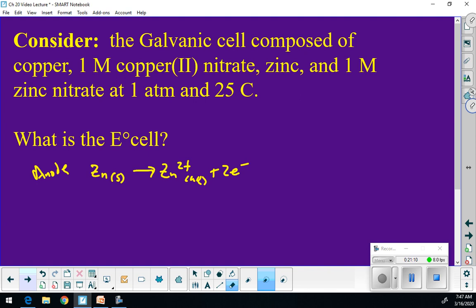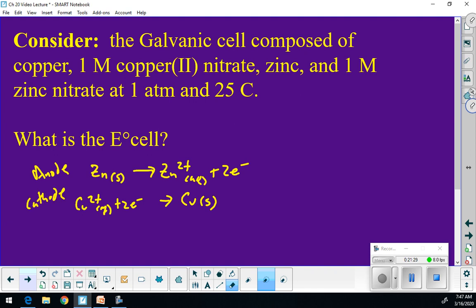You guys have already done this previously, right? I'm assuming you know that this is the case. And then my copper 2 plus aqueous is gaining 2 electrons and is going to copper solid, and this is happening at the cathode, right?